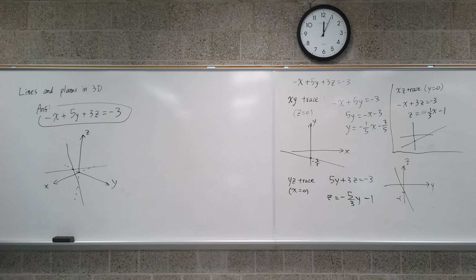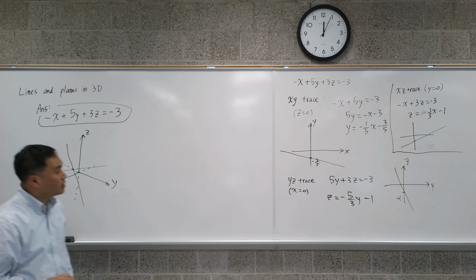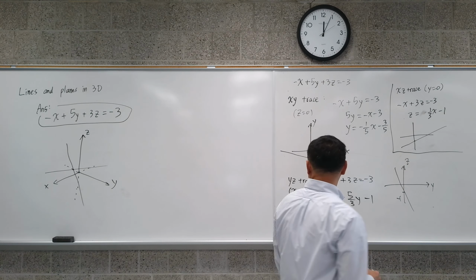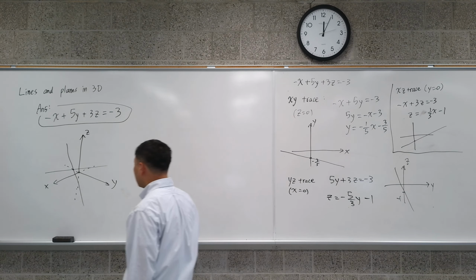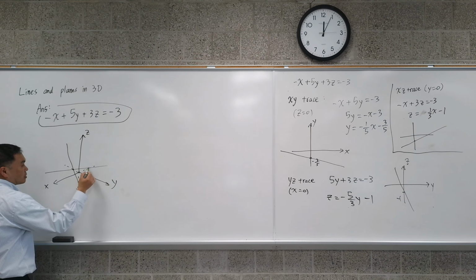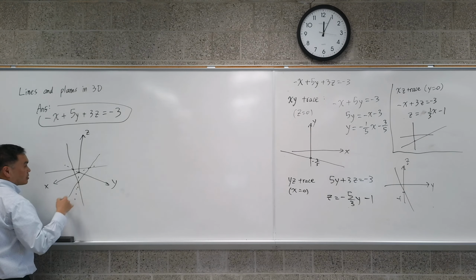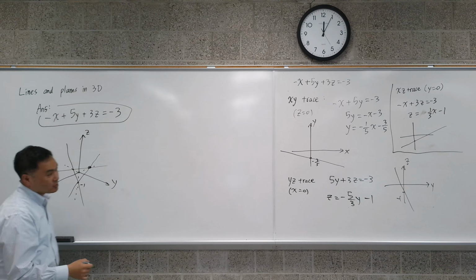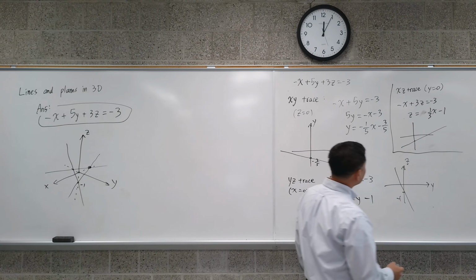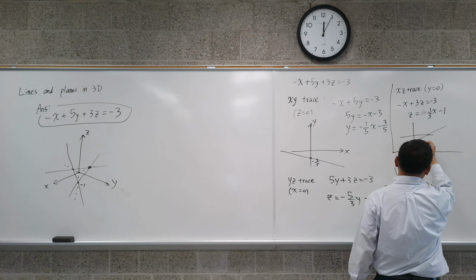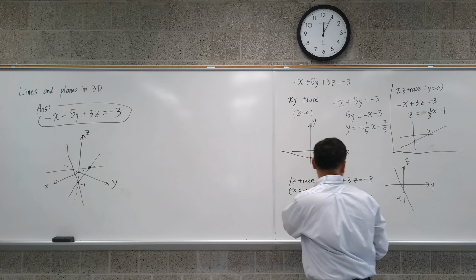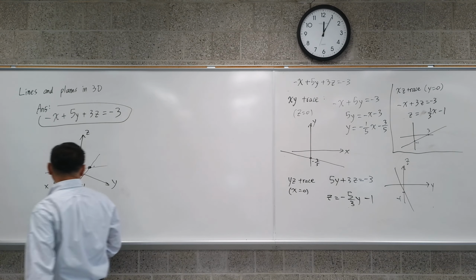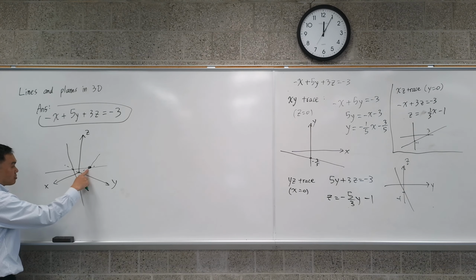And then on the xz trace, it should be like this, and they should meet. So you can say that here's -1, this will be -1, this will be +3. Oh, sorry, that's wrong.